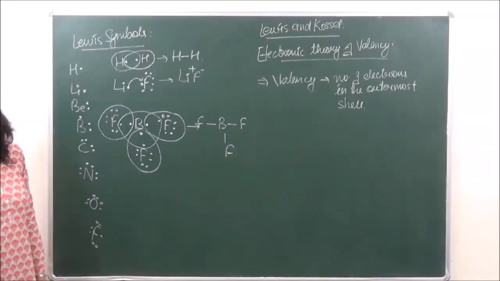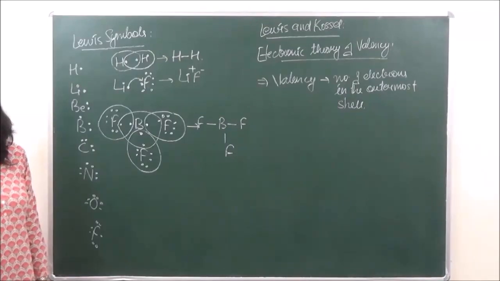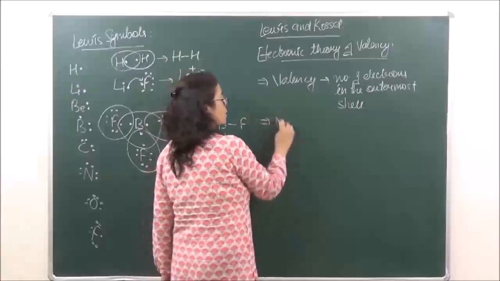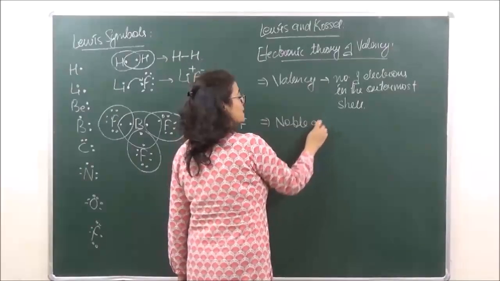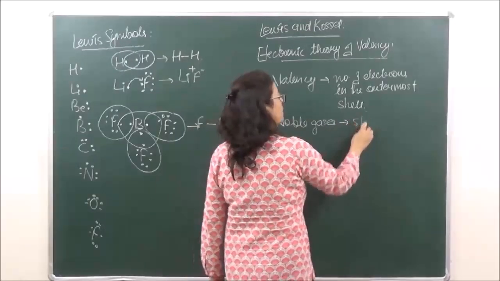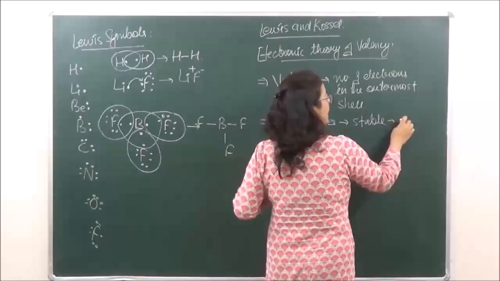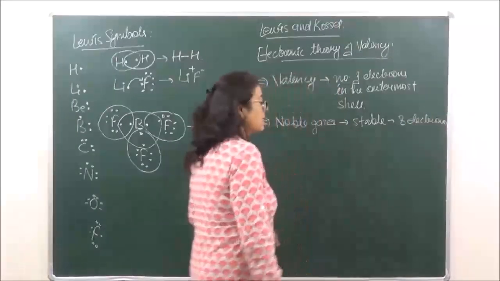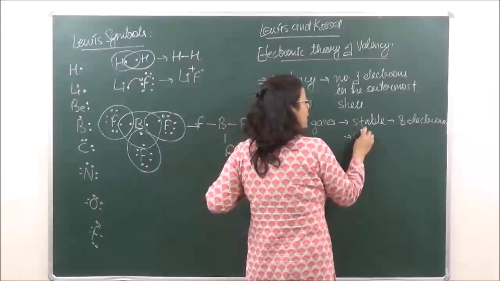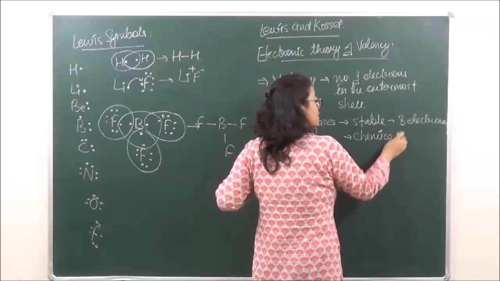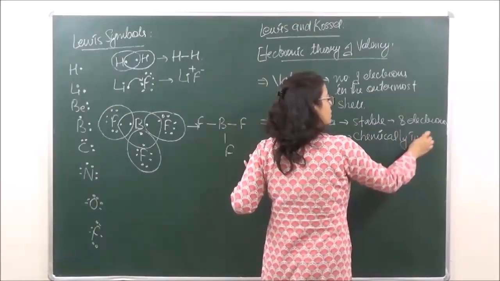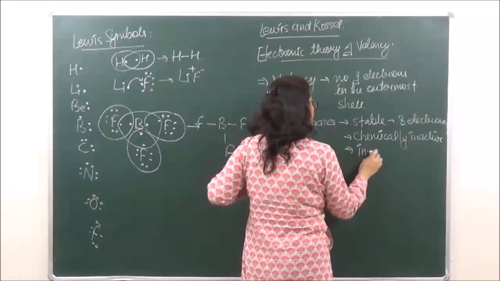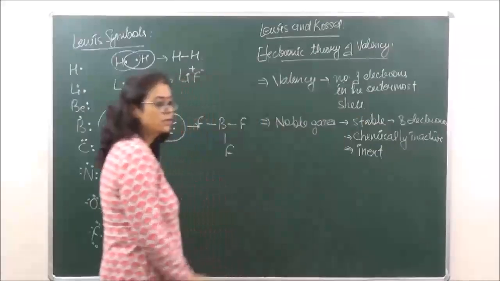Number 2, electronic configuration of noble gases is stable, that is, they have 8 electrons in the valence shell. Therefore, we say that noble gases are chemically inactive, or another word which we can use over here, they are inert, right?